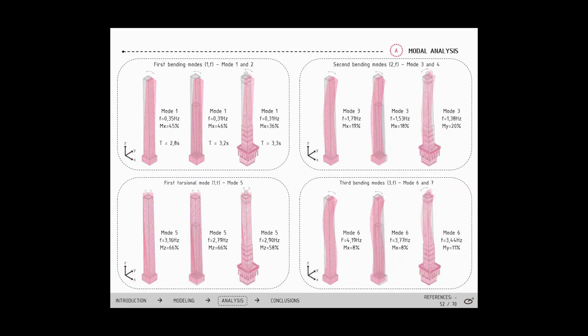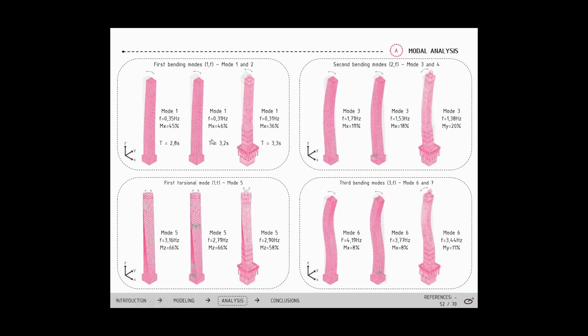Later, the modal analysis results are condensed in these 4 squares right here. In this three, I'm showing the first 3 couples of bending modes, and in this one, I'm showing the first torsional mode.